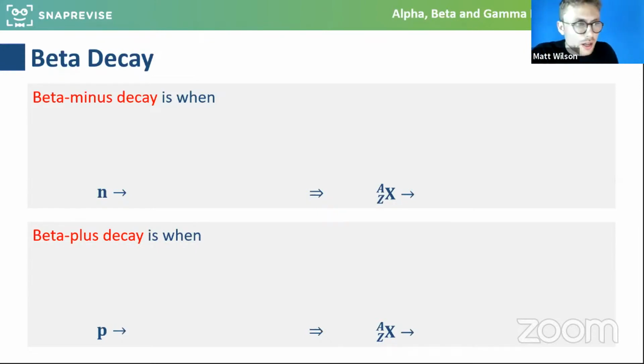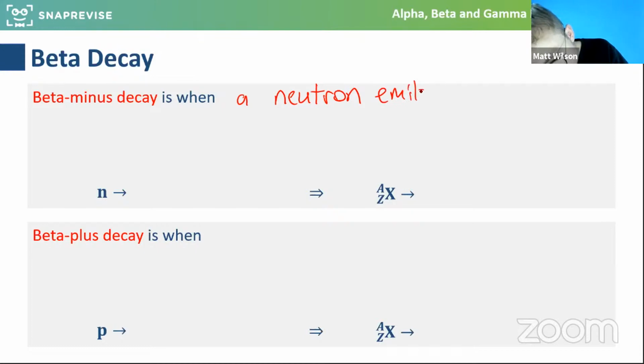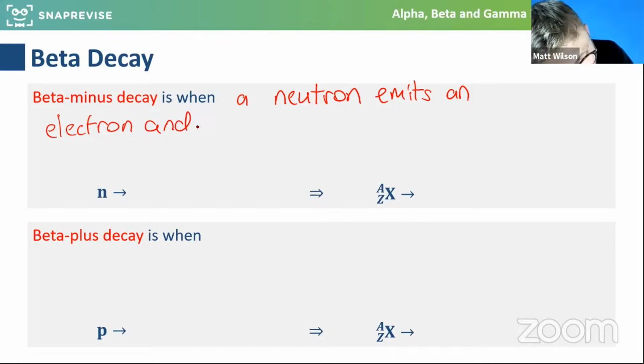So beta minus decay, if you know what it is, feel free to race me and put it in the chat as well. So what is beta minus decay? Beta minus decay is when a neutron emits an electron and an anti-electron neutrino, so I'll explain what that is.